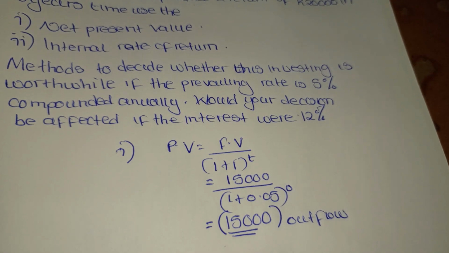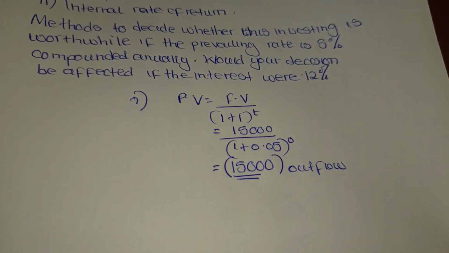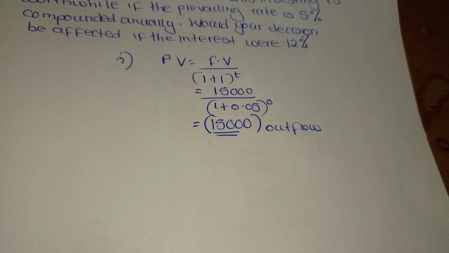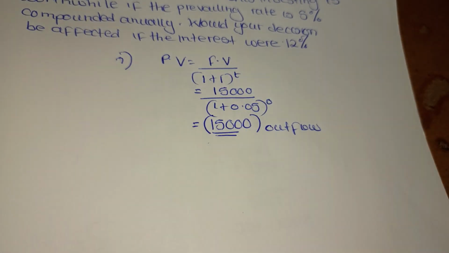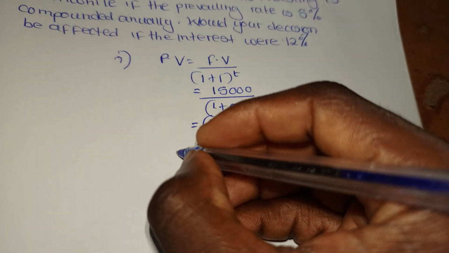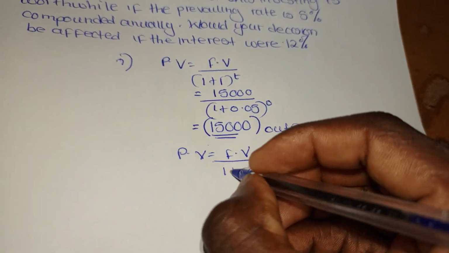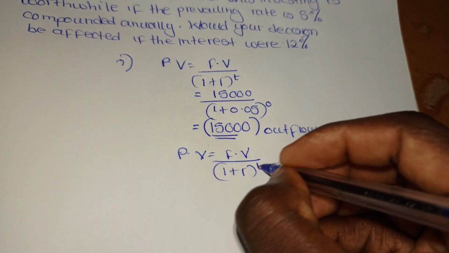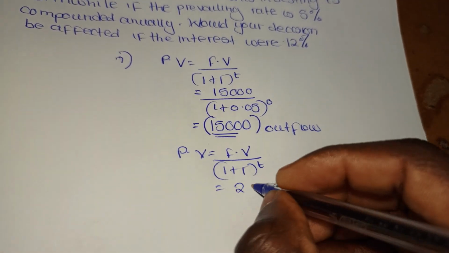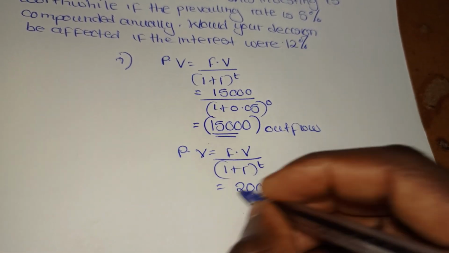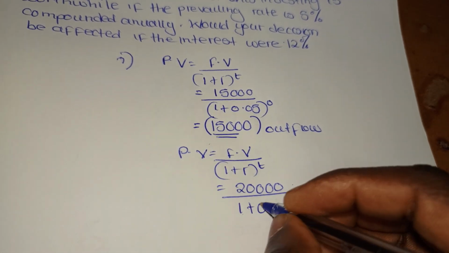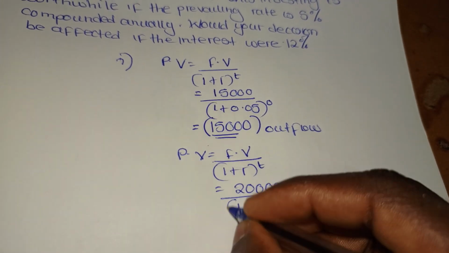Then it was required to generate an amount of 20,000, where we should also convert the 20,000 into the present value using our formula, where the future value is 20,000. They have said in 3 years' time, not for 3 years.